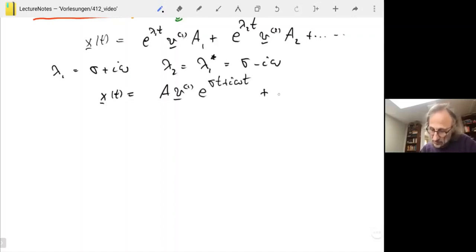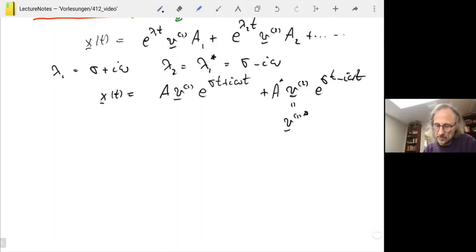So that's going to be V2, which is V1 star, e to the sigma t minus i omega t. And the initial conditions are real, so therefore the overall amplitude is also real, and so this has to be the complex conjugate of that. And so the whole solution is real.